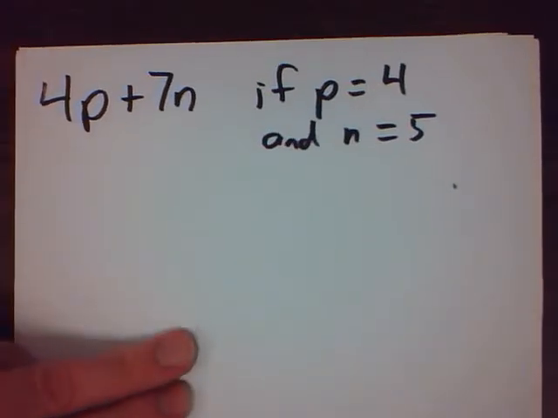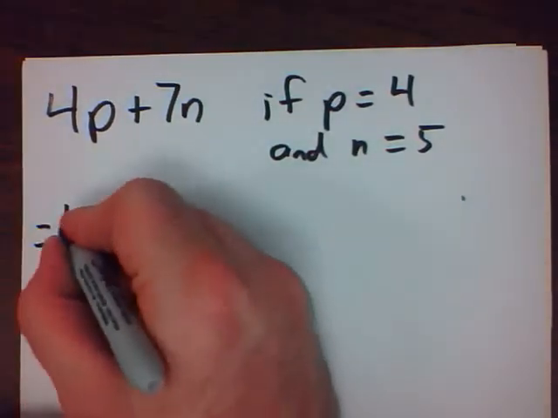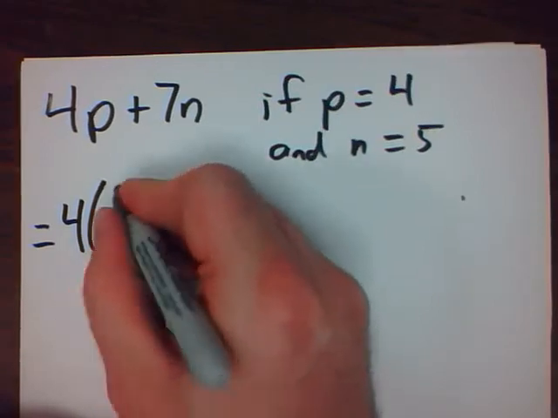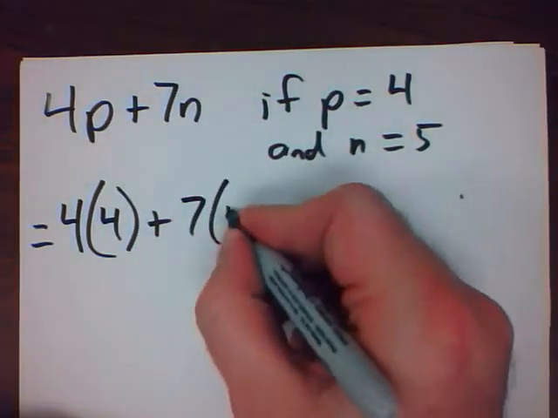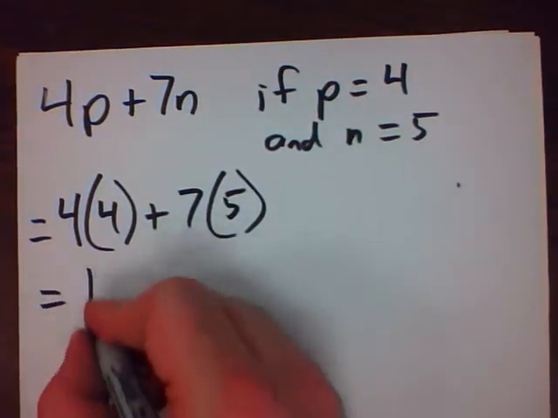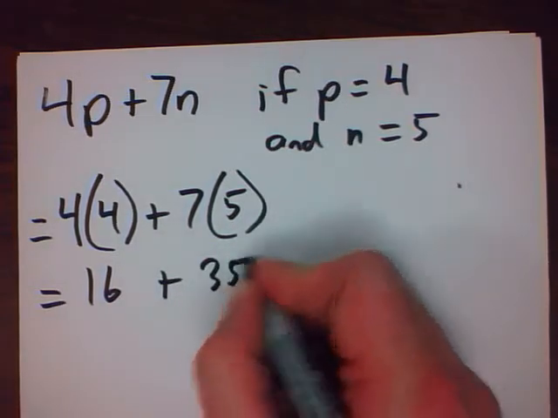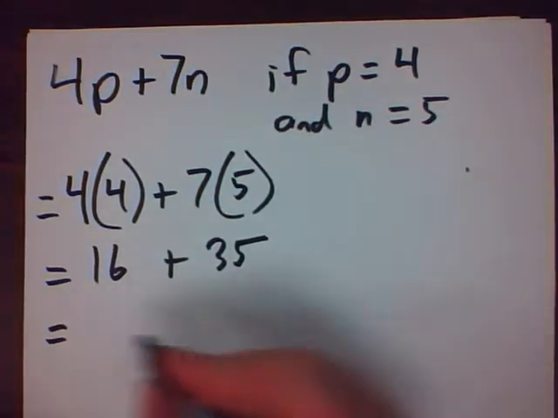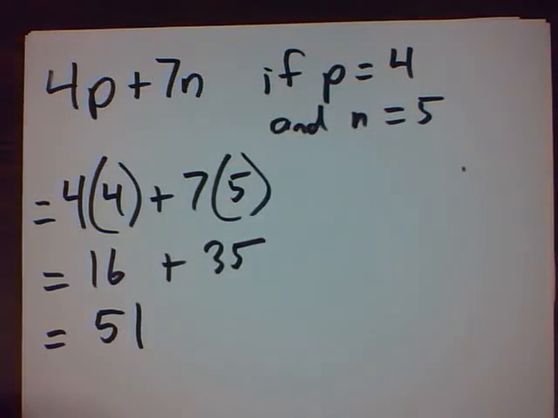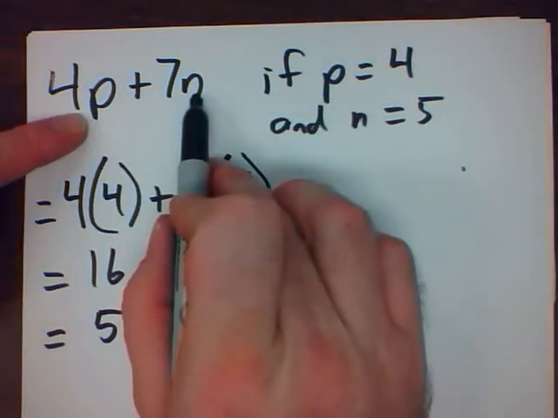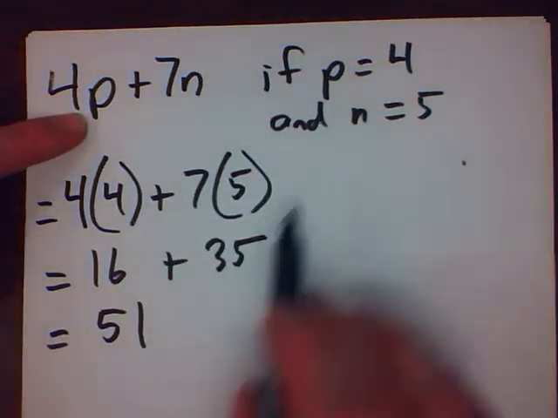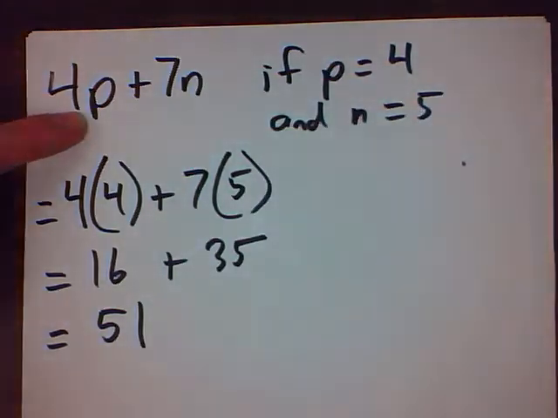What would the answer be then? Well, that's a different question. P is 4. N is 5. In this case, 4p plus 7n is equal to 51 if p is 4 and n is 5.